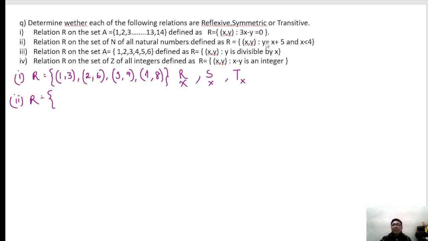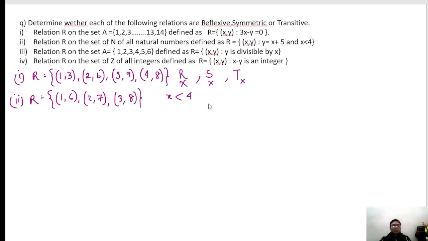Okay, so we have to choose sets from natural numbers. How? y equal to x plus 5 and I have to choose x less than 4. So what will we take? If I choose x as 1, y will be 6. If I choose x as 2, y will be 7. If I choose x as 3, y will be 8. That is what I can choose because x should be less than 4.